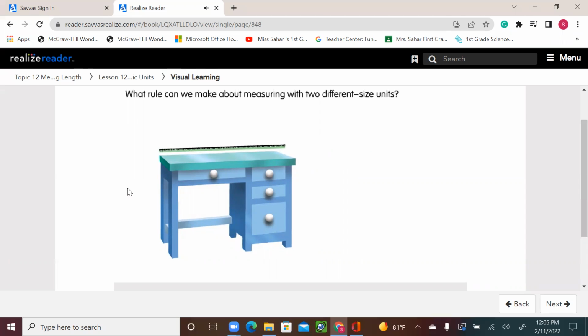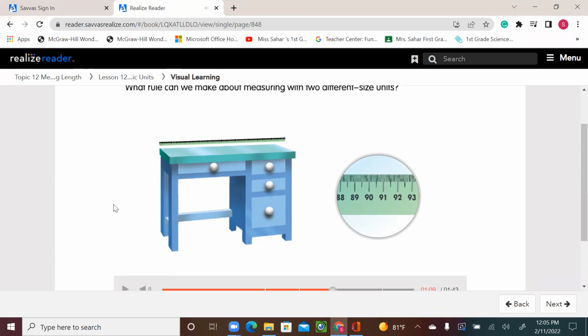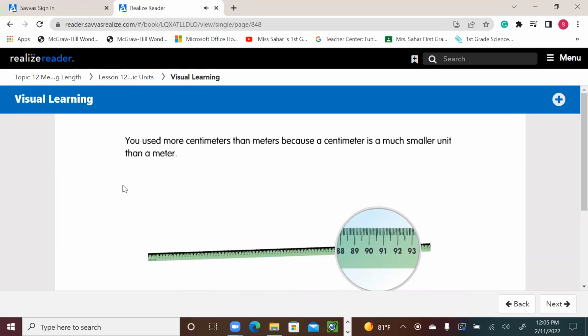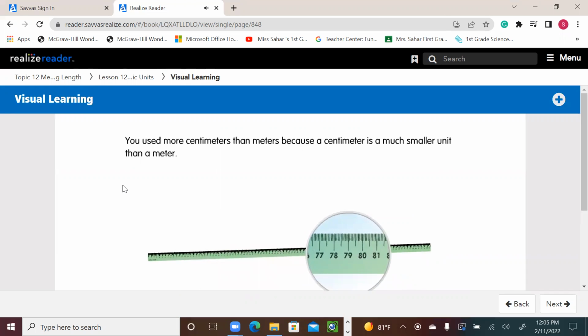What rule can we make about measuring with two different size units? The smaller the unit, the more of them you will have to use to measure the same object. You used more centimeters than meters because a centimeter is a much smaller unit than a meter.